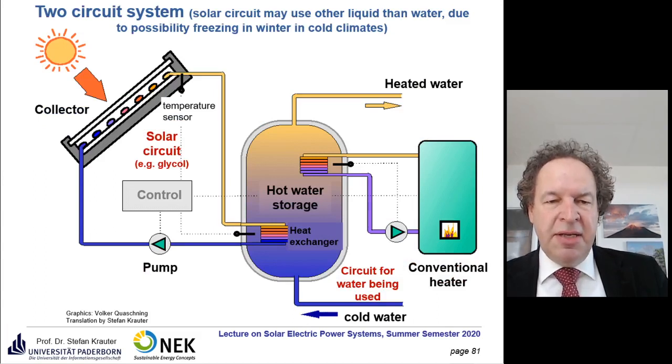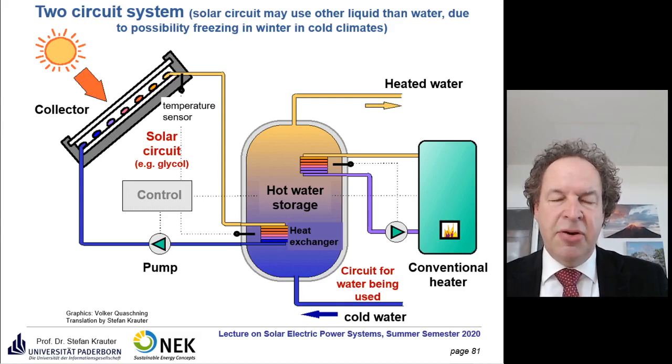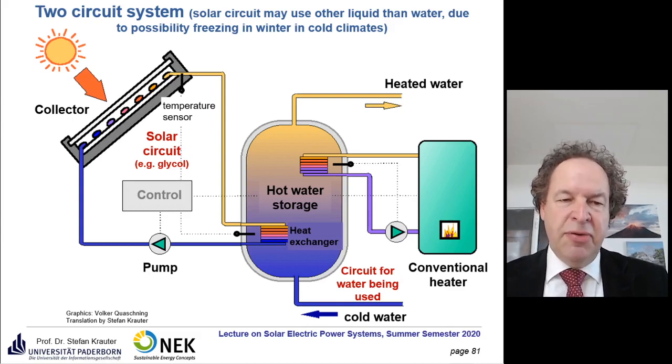In Germany, the thermosiphon principle is not possible because in winter we have very cold outdoor temperatures, and the water inside the collector would freeze and would destroy the collector. So equivalent to a car cooling system, we have to have a medium with a mixture of glycol to withstand the cold temperature.